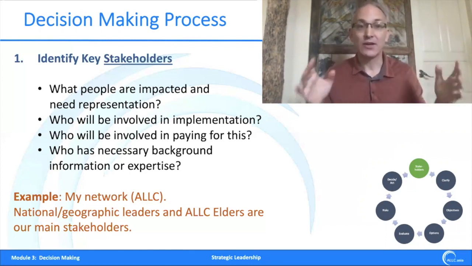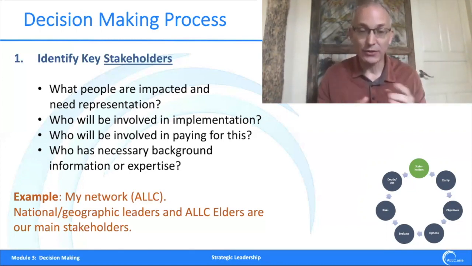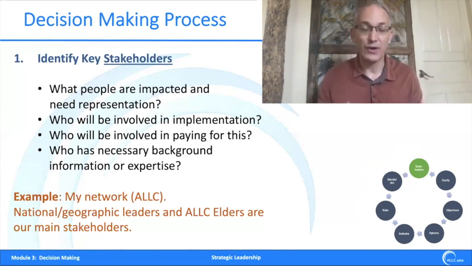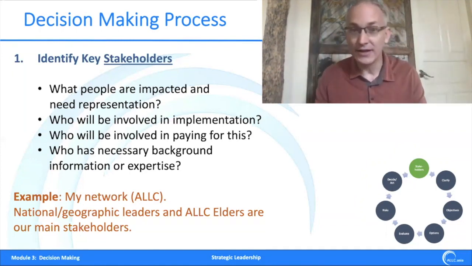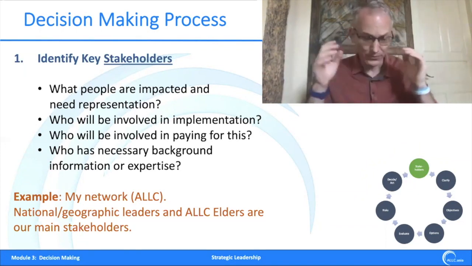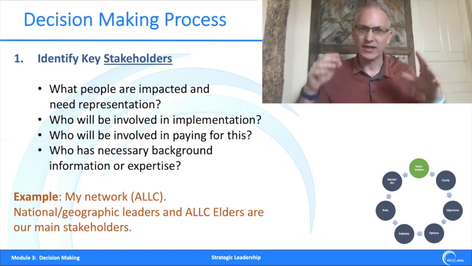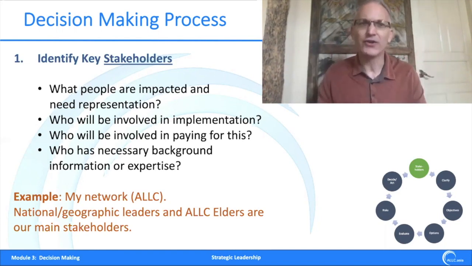Now, as I said, we each need to have our own decision that we're going to work through. I'm going to use an example from my own life as I go through this teaching as well. So I'm going to focus on my network, the ALLC, the Asia Leaders Learning Community. One big question that we had a couple years ago was, we know we want to offer an annual leadership summit, and our decision was, where should we offer this leadership summit year after year?